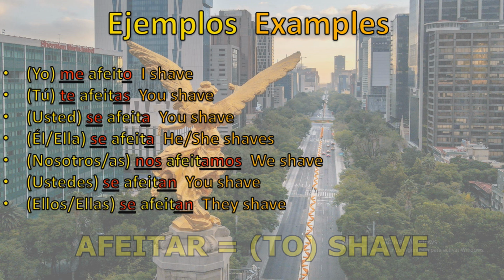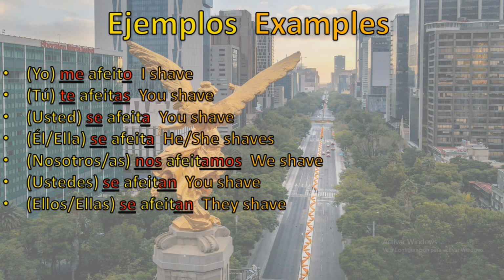If I want to know how to say to shave in Spanish, I look in the dictionary for the infinitive afeitar. So afeitar is shave in Spanish. Afeitar belongs to the first group, which is the ending AR. Remember that this is from the previous lesson. So if you haven't seen that lesson, my friends, go back to it. Go to lesson 16, which is very good to explain this.